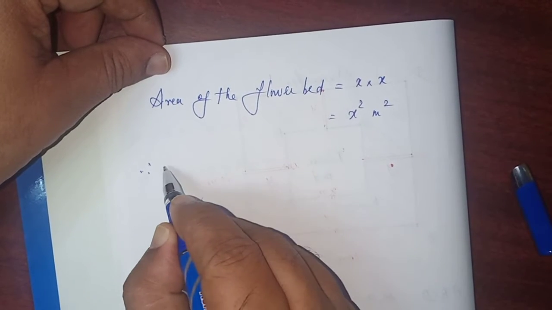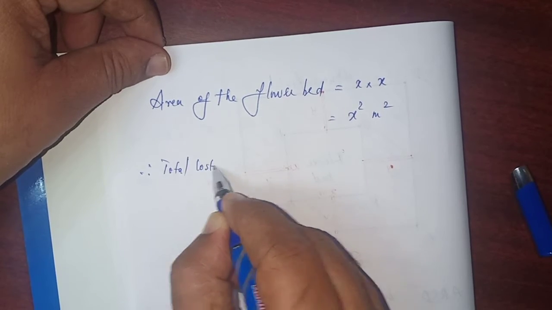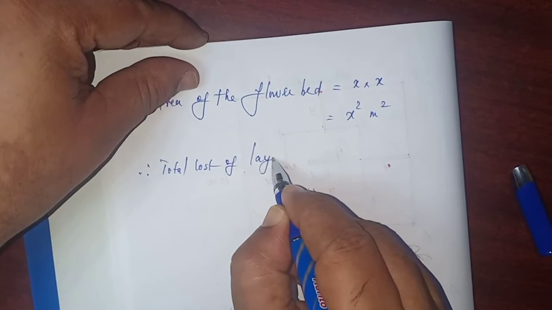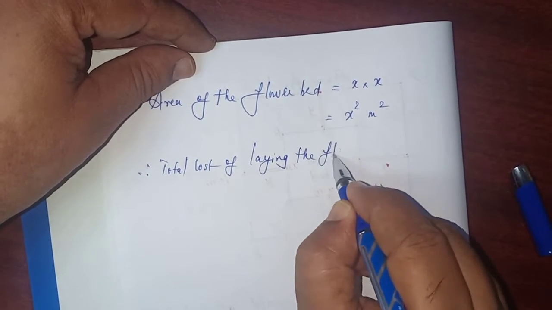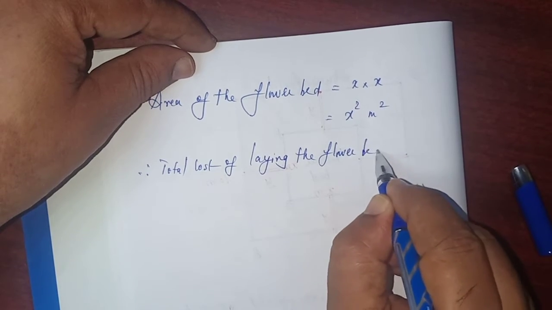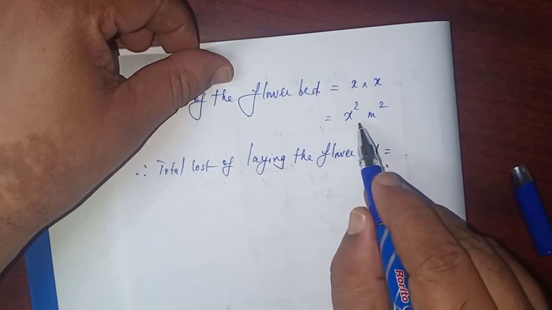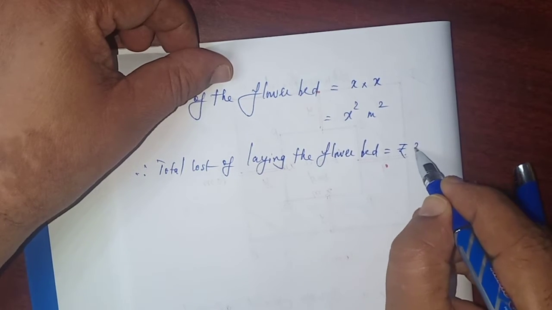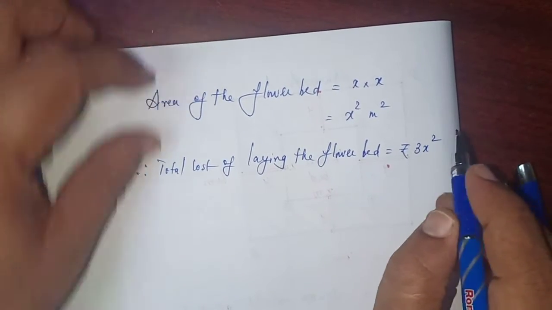Therefore, total cost of laying the flower bed equals, for 1 square meter 3 rupees is given. How many square meters? X squared square meters. Therefore, rupees 3x squared.